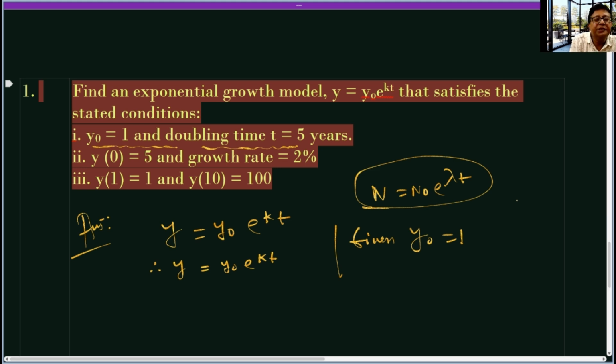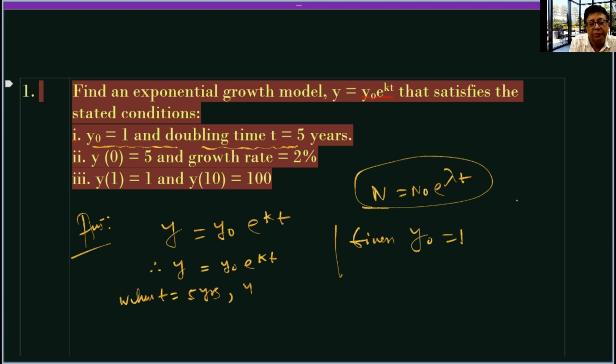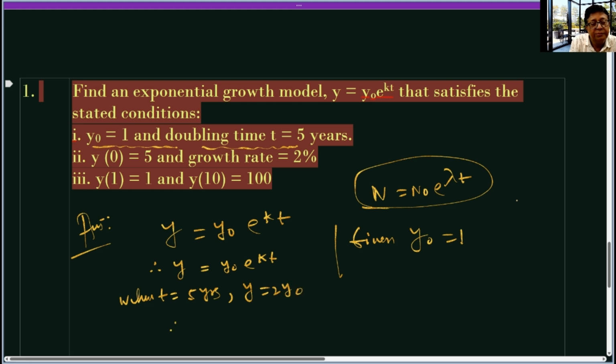And it doubles, doubling time equal to 5. When t equal to 5 years, y will be twice y0. So 2y0 equal to y0 e to the power 5k.